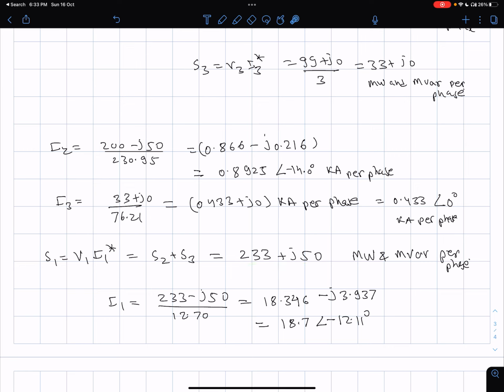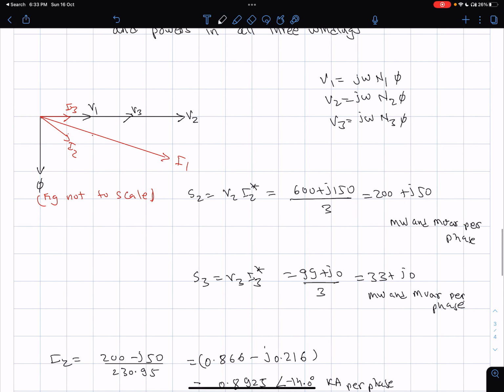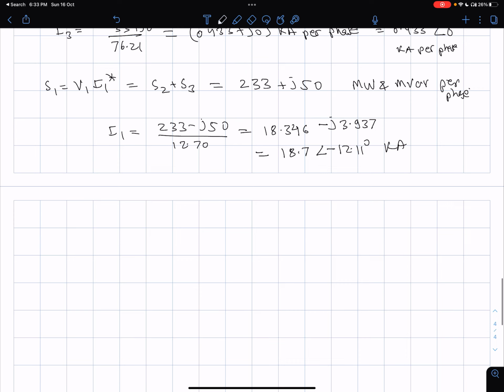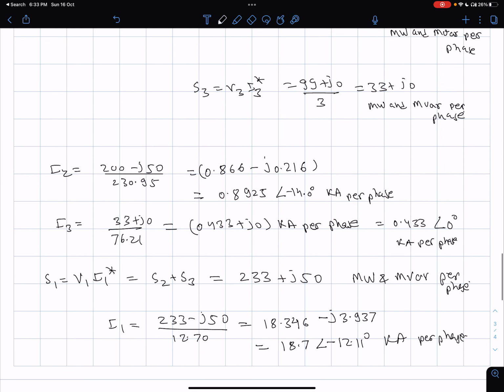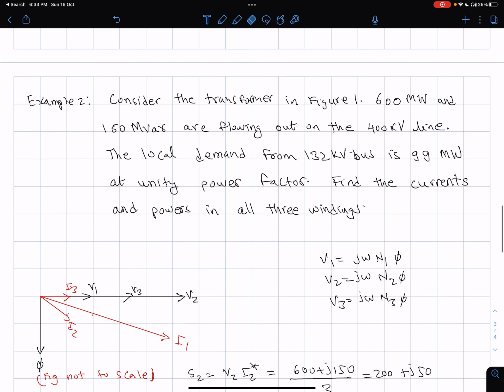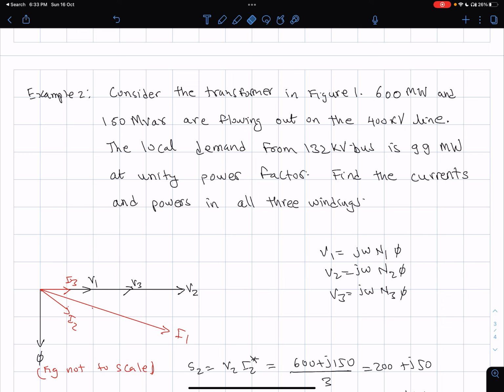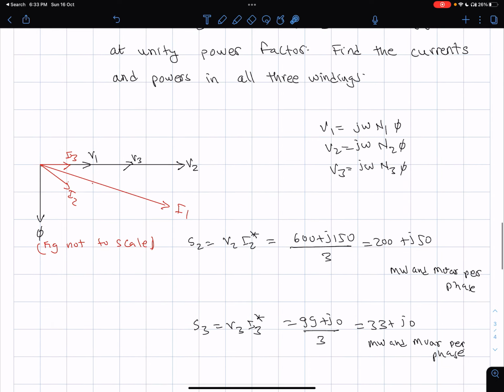Since this is in line with the reference phasor at angle 0, there is nothing to worry about, just substitute the real value there, which is 12.70, and you will get so many kiloamperes per phase, which is also the line current, this transformer being star connected. So find the currents and power in all the three windings.